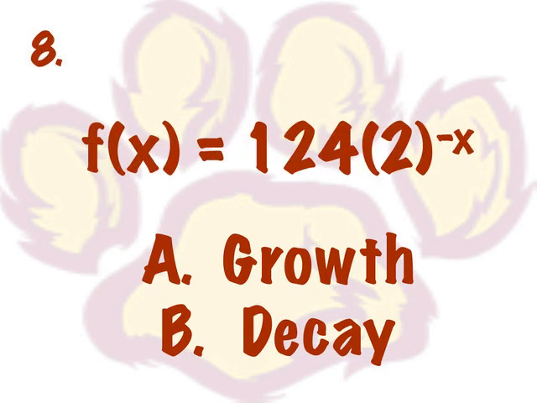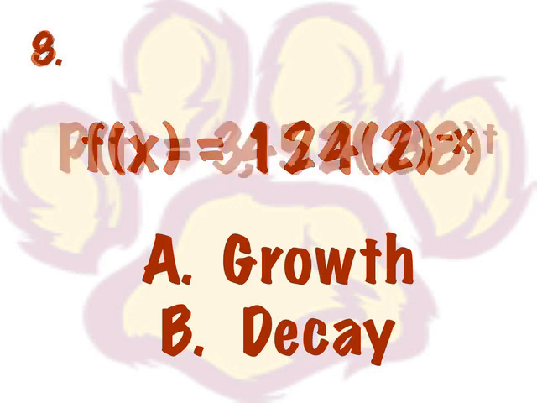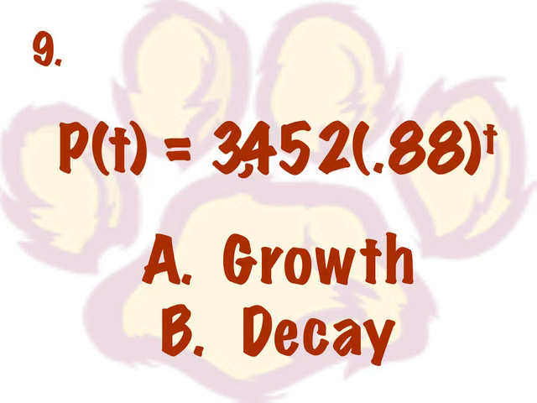Number 8, f of x equals 124 times 2 to the negative x power. Is this A, growth, or B, decay? Number 9, P of t equals 3,452 times 0.88 to the t power.